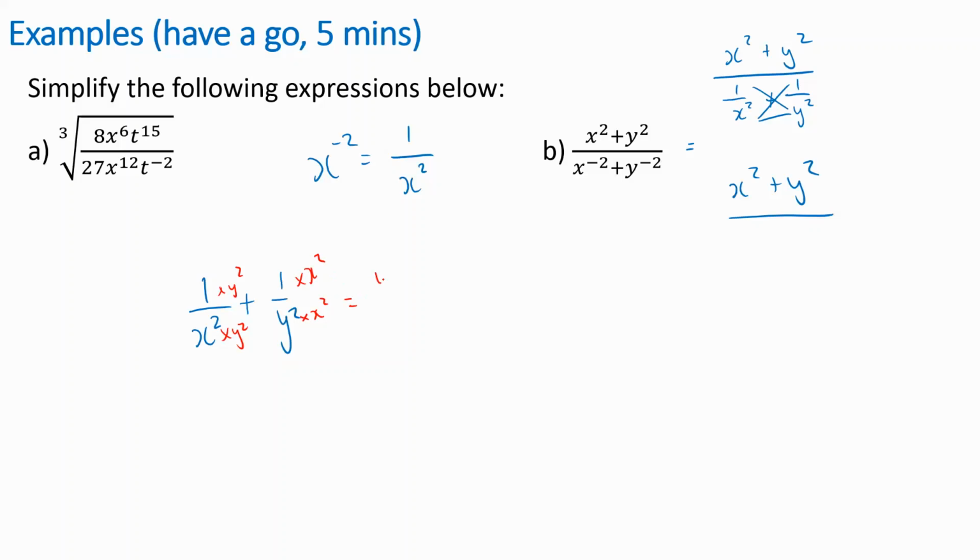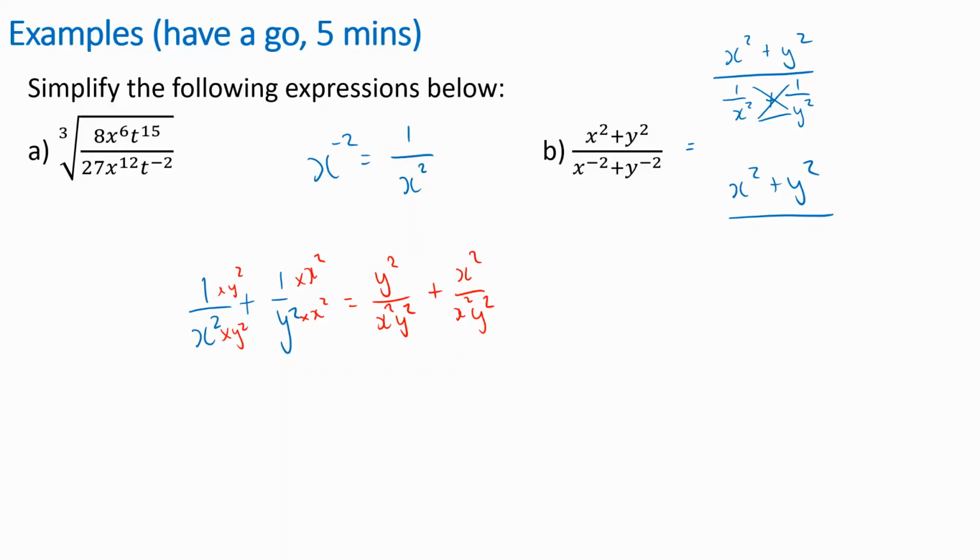Why? Because now this becomes y squared over x squared y squared, plus x squared over x squared y squared. Can you see what I did there? All I did was multiply by y squared over y squared. That technically means 1. I haven't changed this fraction. It's an equivalent fraction. This is also an equivalent fraction, x squared over x squared. By doing this, I will get x squared y squared for both of them.